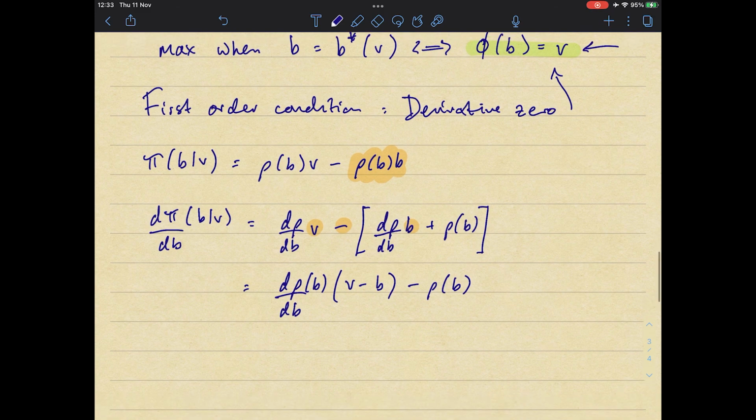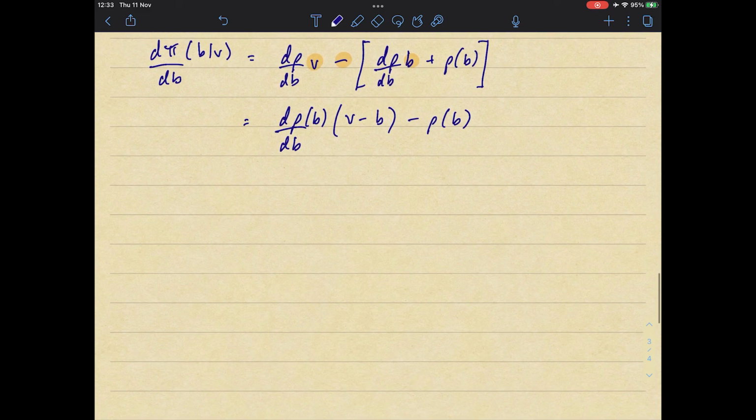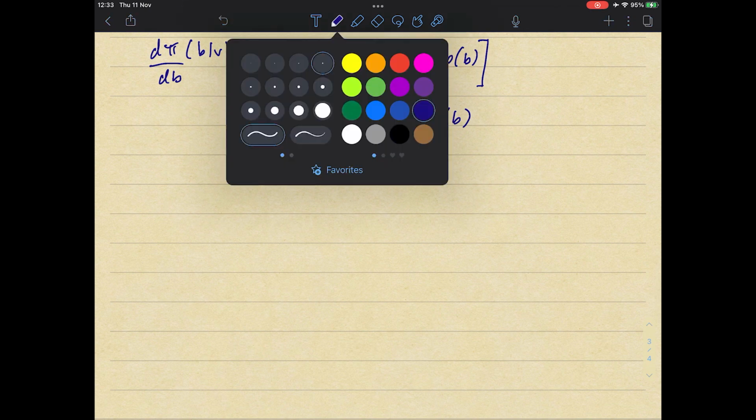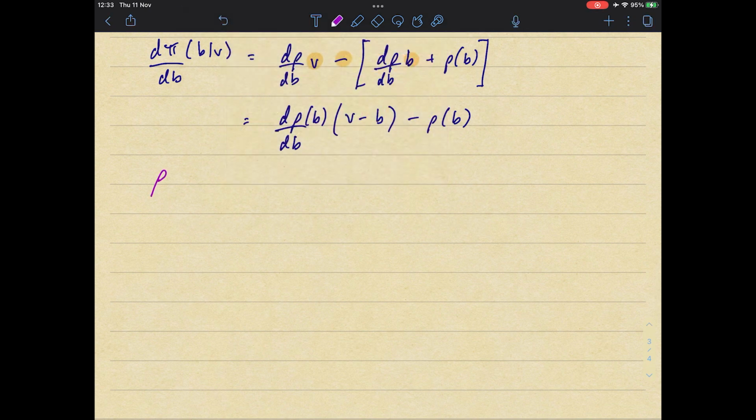Okay, so phi doesn't seem to appear in here just yet, but remember that this rho function of b is equal to phi of b to the power n minus 1.